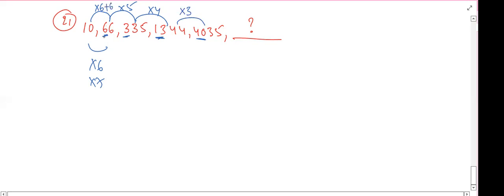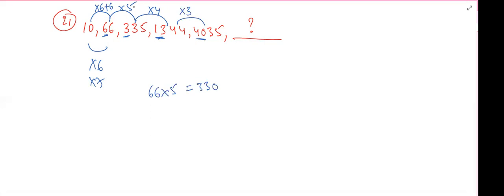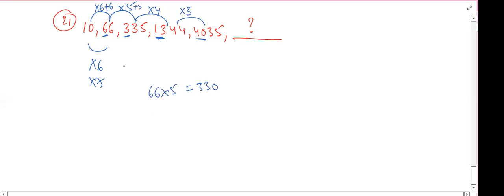Next, 66 is 5s. So 66 into 5 equals 330, but it is plus 5. Okay, matching is there. 335 into 4 is 1340, plus 4.